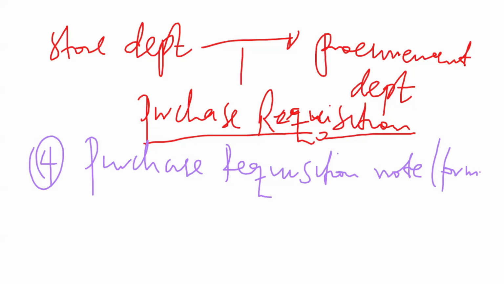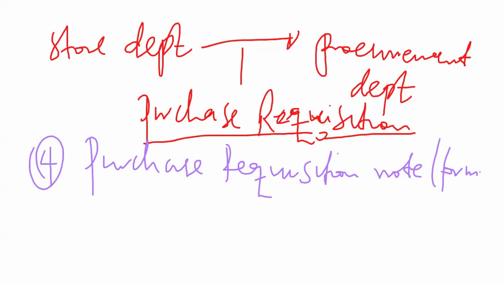Probably those companies that don't have stores department, actually, for them, they don't even use the BINCARD. And there are other systems of managing inventory that they may implement, like the just-in-time, the JIT system.